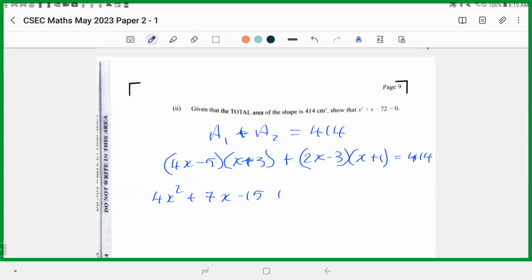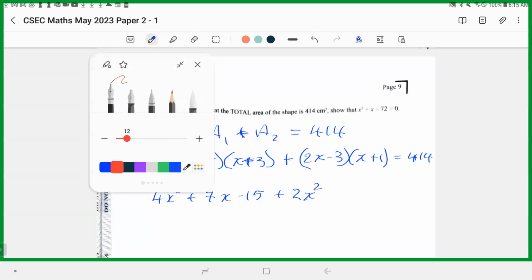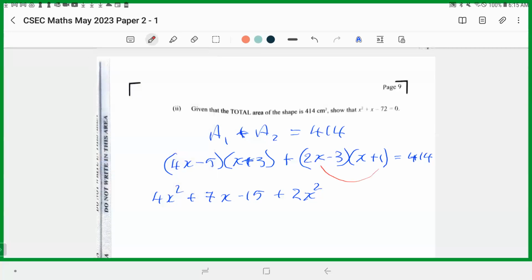And we'll do a similar expansion for this. So firstly, it is 2x times x is 2x squared. Again, the middle term is the far product and the near product. Far product is 2x, the near product is negative 3x. So negative 3x and 2x is negative x.